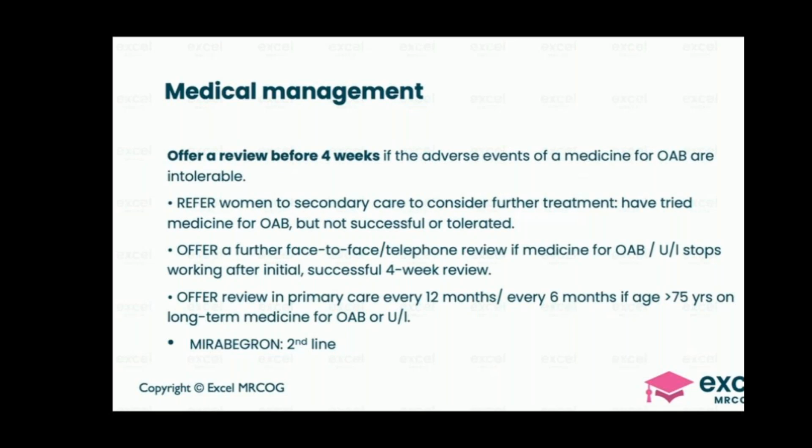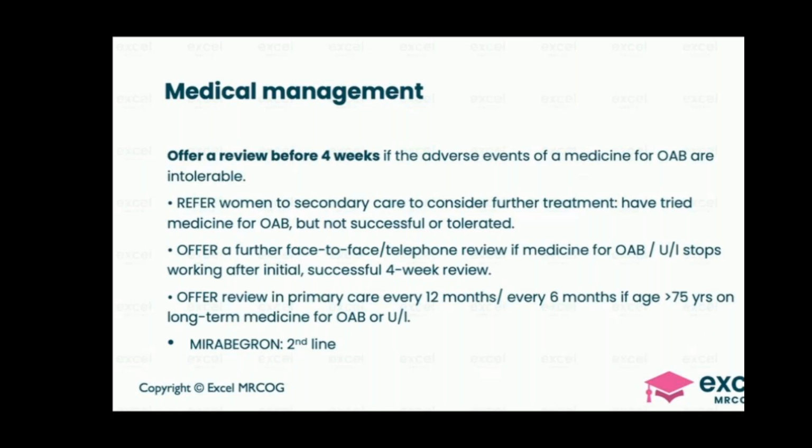Offer a review before 4 weeks. All women have to have a review at 4 weeks, but you may need to see them before that because they may have adverse events from a medicine which is intolerable. In these cases you can refer them to secondary care for further treatment.